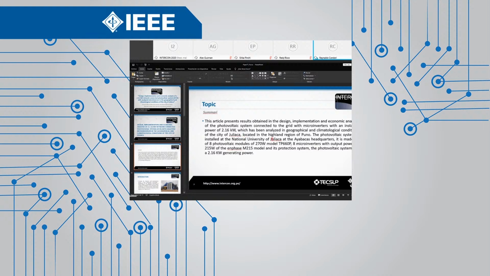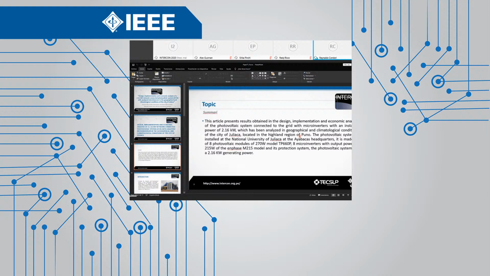The photovoltaic system is installed at the National University of Juliaca, UNAJ, at the Ayabaca headquarters.